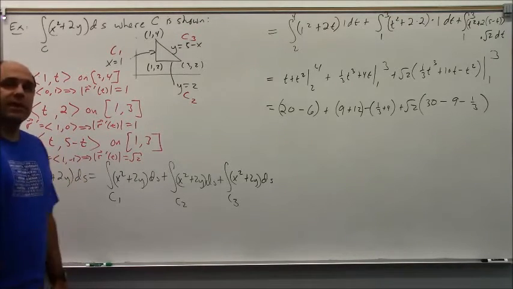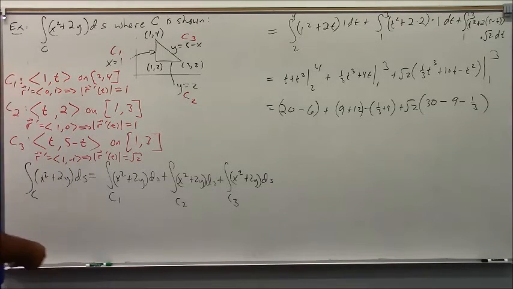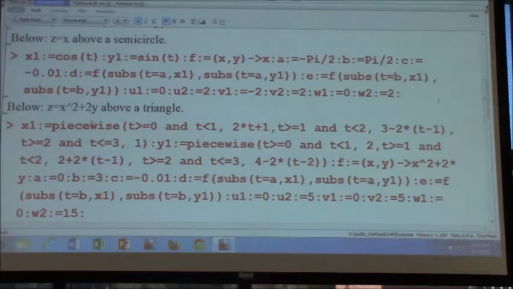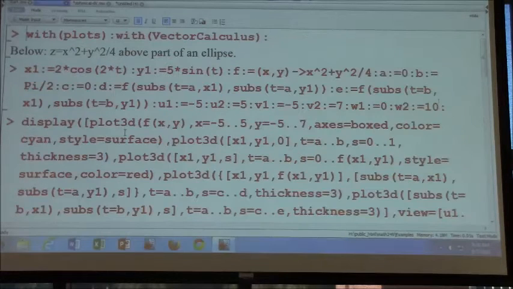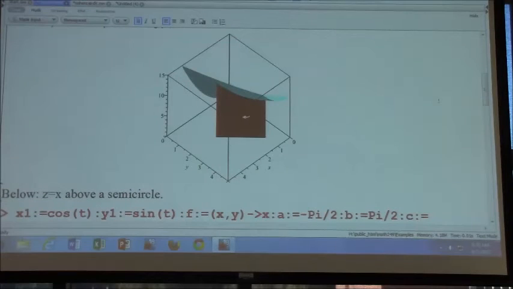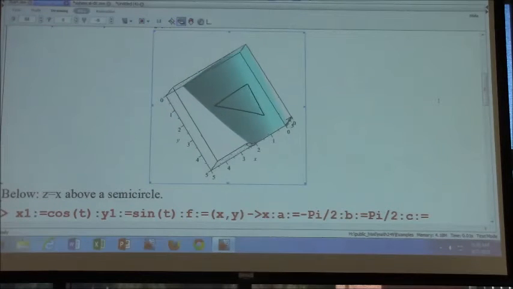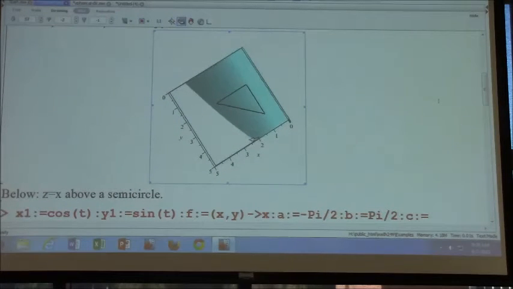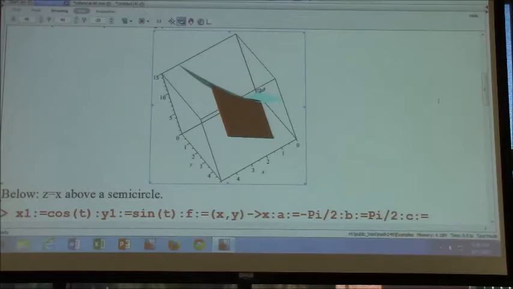So let's go to Maple again, and I will show you what this one looks like. This time, we have z equals x squared plus 2y and the triangle. So let me set that up. And now, here's what it looks like. And I see, hey, if I look at this from directly above, there's the triangle we're talking about. Here's my surface, z equals x squared plus 2y.